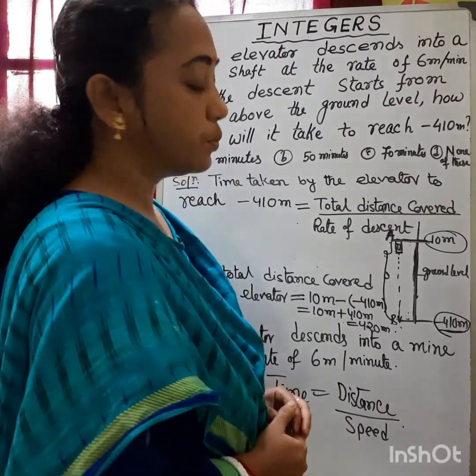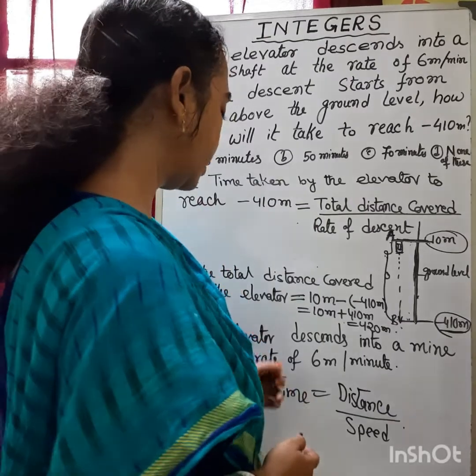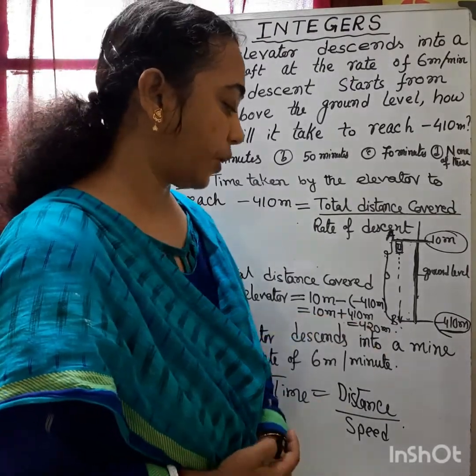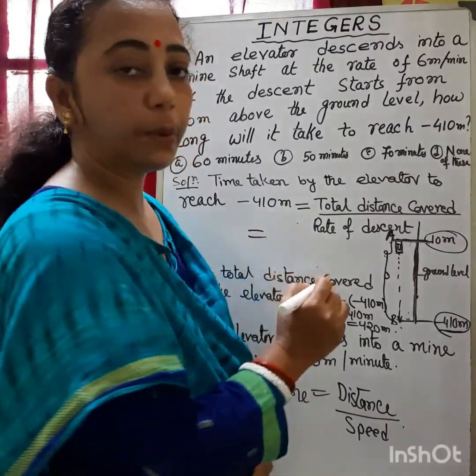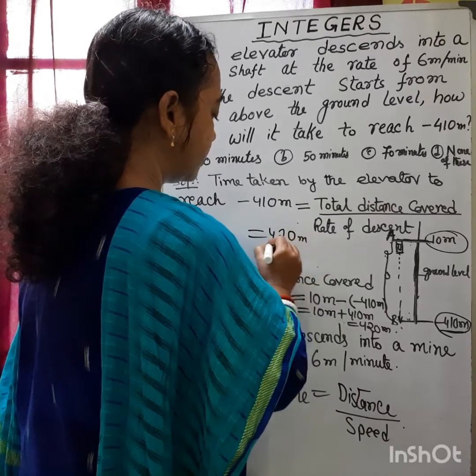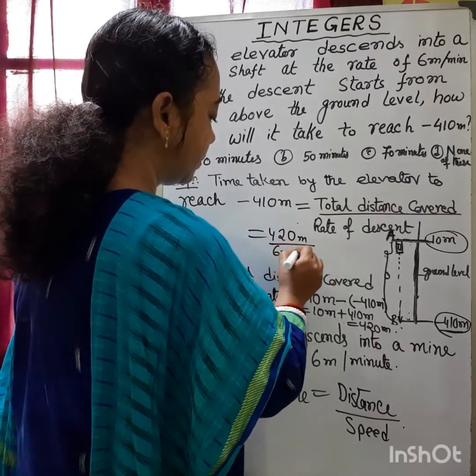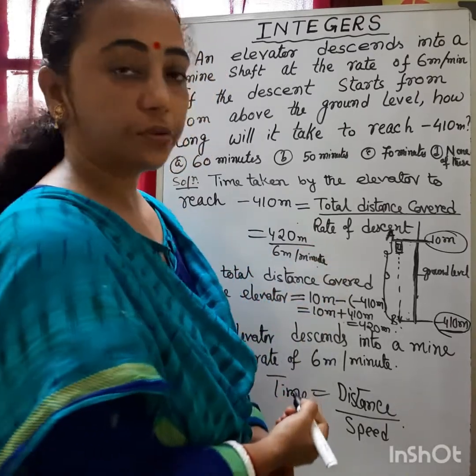Now the elevator is moving down at the rate of 6 meter per minute, and the total distance covered between point A and point B is 420 meter. So in place of total distance, we will write 420 meter, and the rate is 6 meter per minute. So this minute will come in place of the numerator.